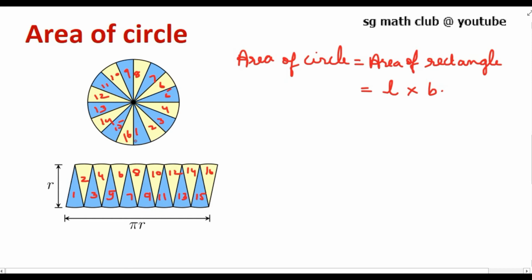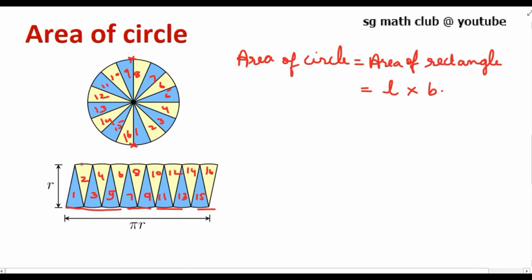The perimeter of the circle is the distance covered by traveling once around the circle. If I start from here and keep going, till here it is a half circle, and coming back to the same position gives the full perimeter. So only from here to here it is half the perimeter.